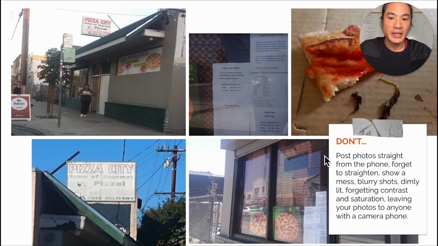And their signage is old and fallen apart, and they have shot it with a rusty awning in front and with power poles in the back, which is not necessarily bad given the state of the sign. But if you just moved a little bit to your right, maybe you can get just the sky in the background. And with a little photoshopping, maybe you can remove some of the other cables and wiring that's running there.